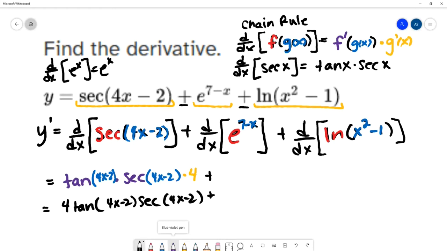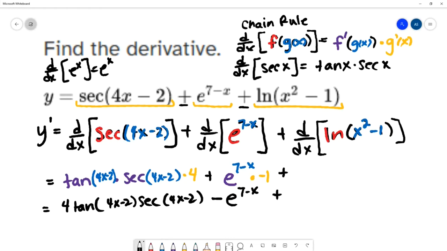So for the outside function, it's going to stay e. The inside function stays the same, but then we have to chain by multiplying by the derivative of the inside. The derivative of 7 is 0. The derivative of negative x is negative 1. And so really this becomes a minus e to the 7 minus x.